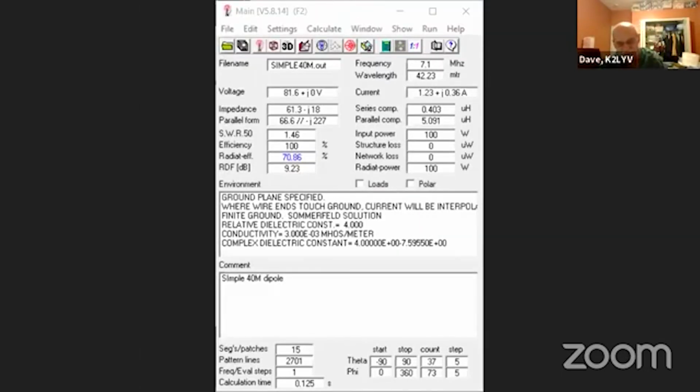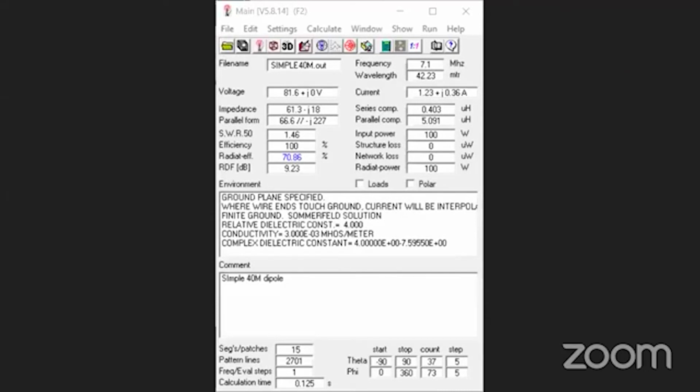There are hundreds of them. So if you wanted to design a 3-element Yagi, for example, somebody has already done the basic entering of stuff, and it's a lot easier sometimes to alter somebody's design than start from scratch.